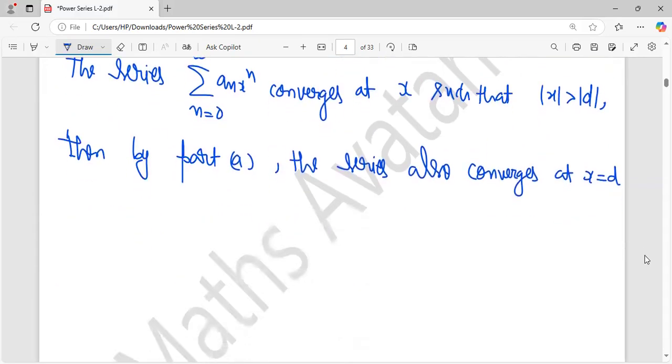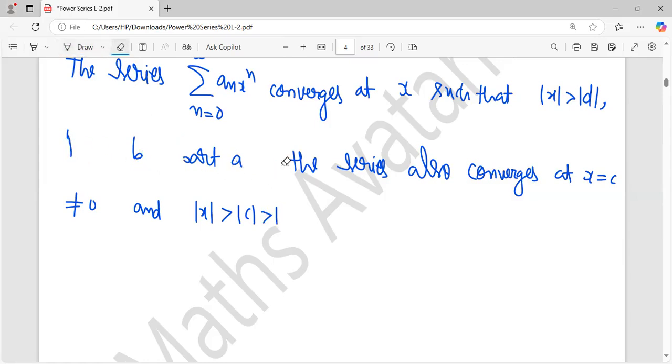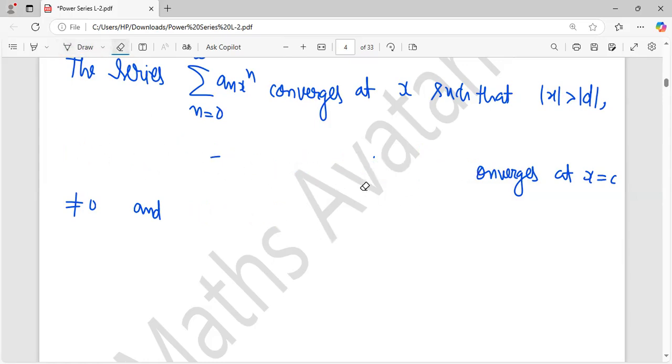Also it converges at x is equal to c, c not equal to 0, and the series converges at x is equal to d.